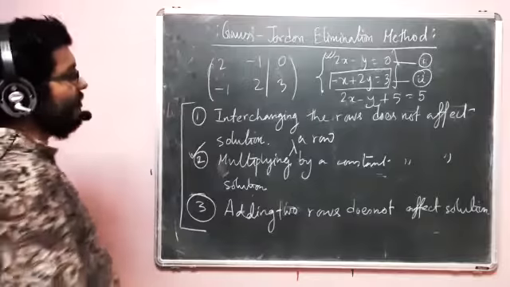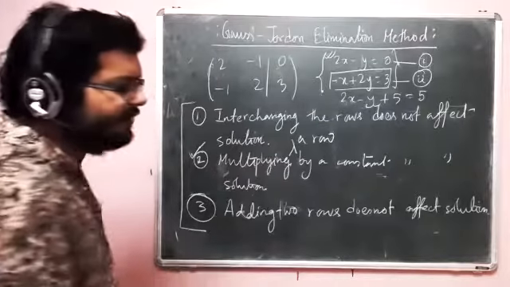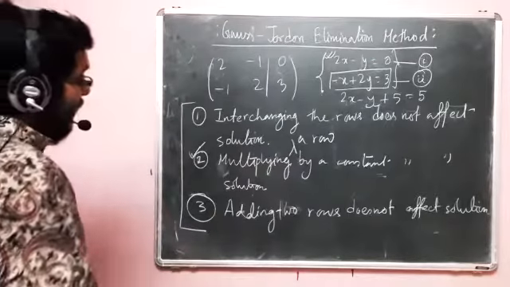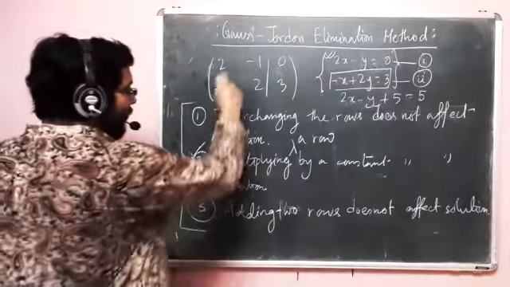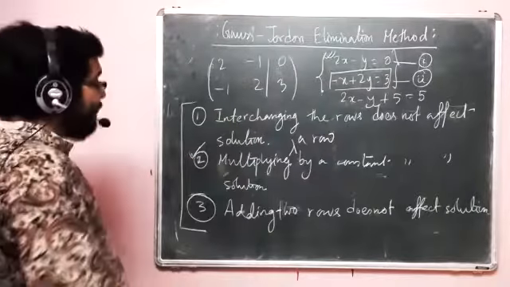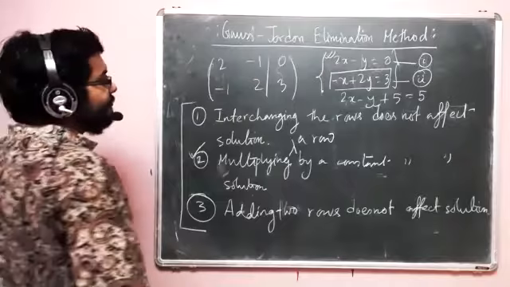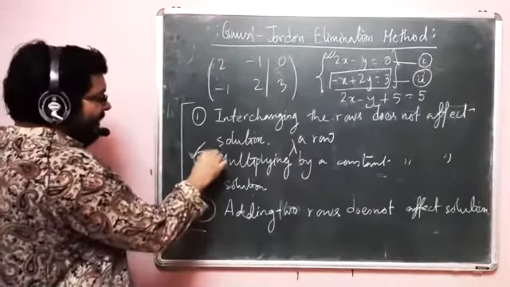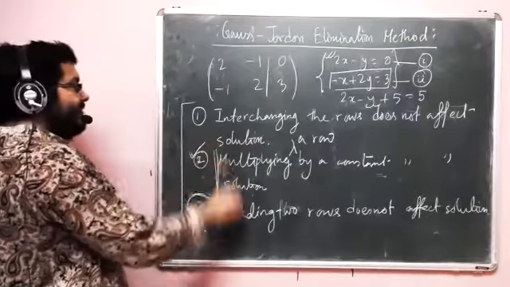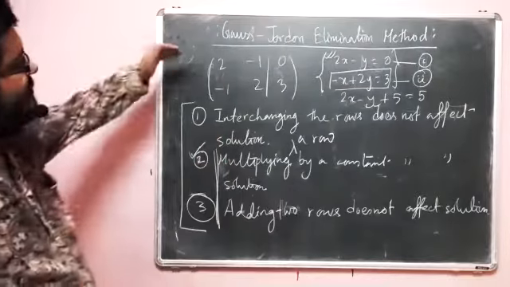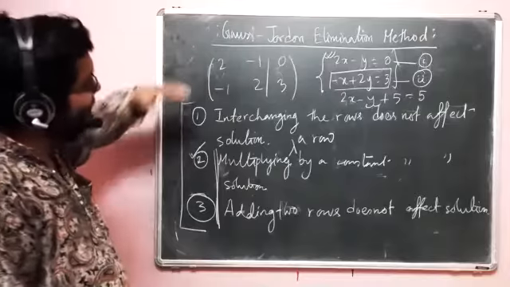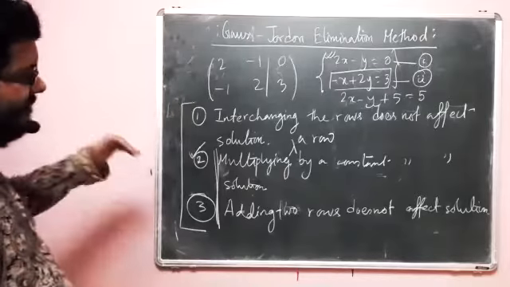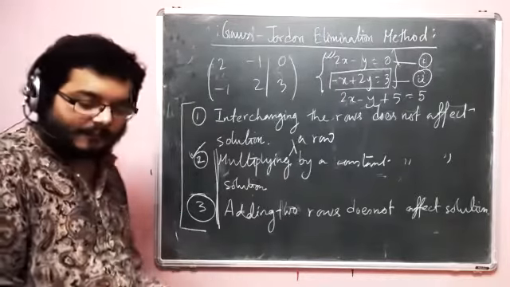We can multiply one row by a constant, most of the time a fraction. And we can add two rows if we like. Also, we can combine these two, that is, multiply the first row with something and then add it to the second row. That also can be done. There is no problem with that.